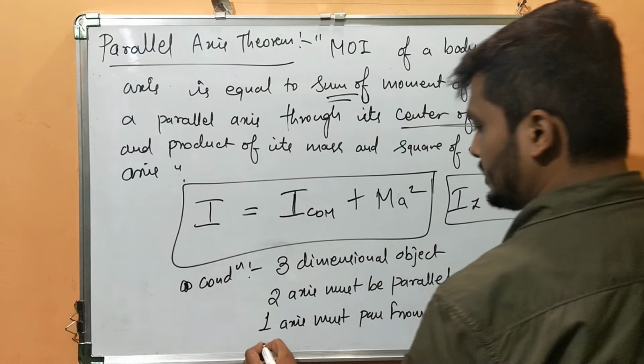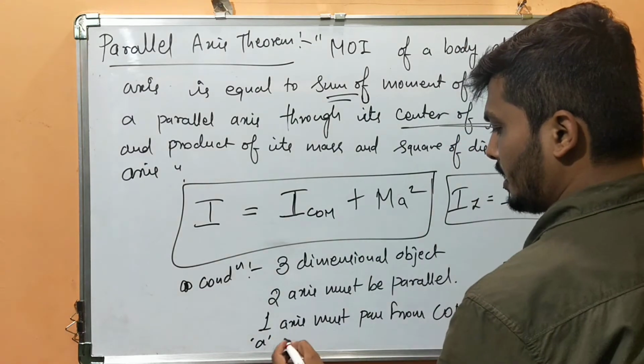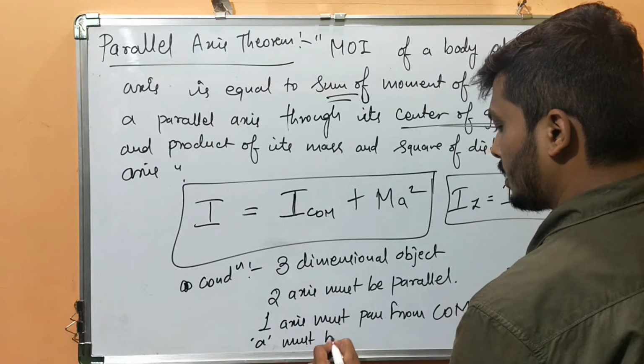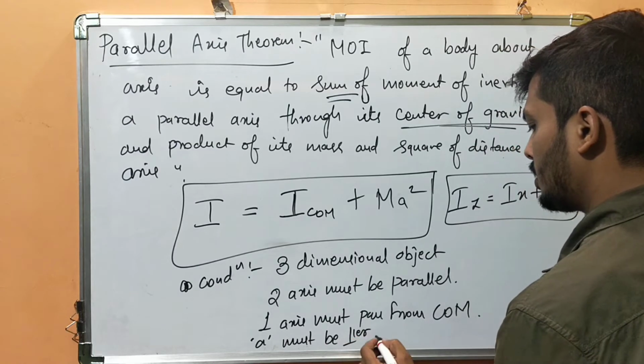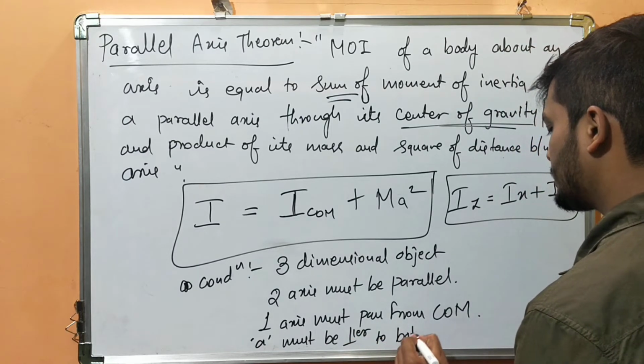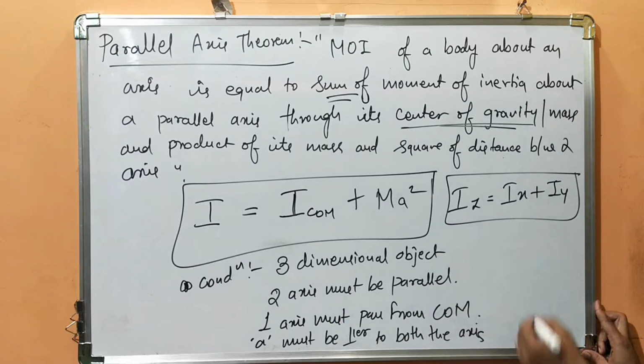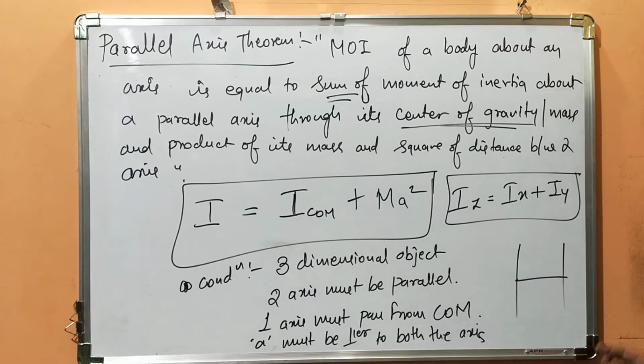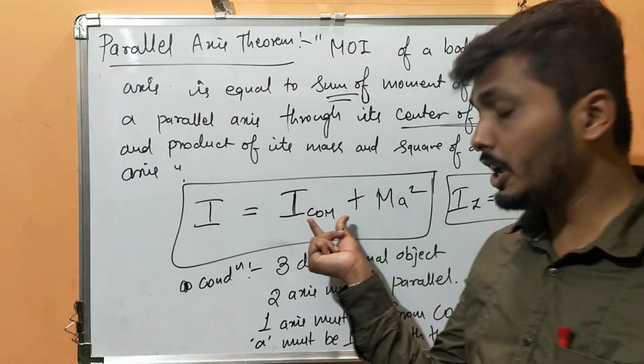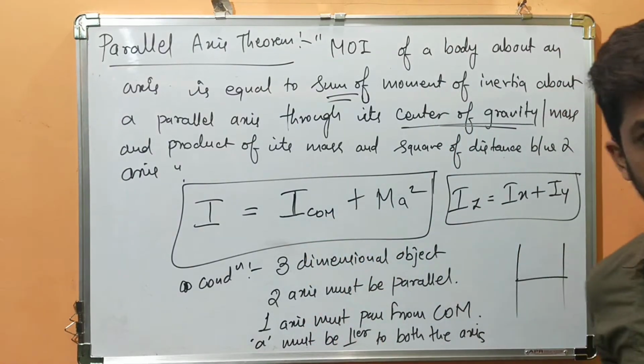And that distance A must be perpendicular to both the axes. Obviously it will be perpendicular, since both axes are parallel, so this distance A will definitely be perpendicular. So please remember the equation and the conditions.